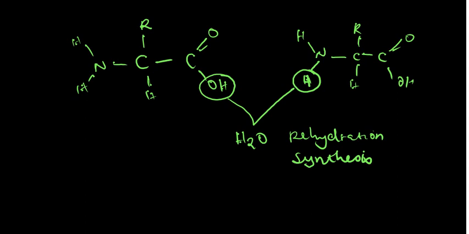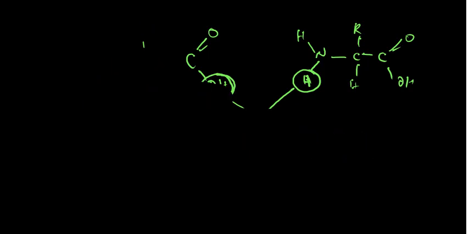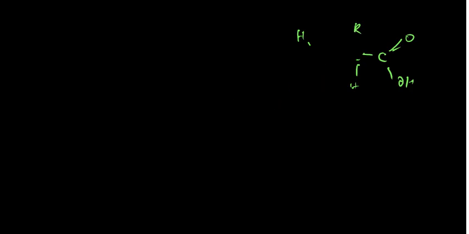Okay, so let me repeat this part. The hydroxide group from the carboxylic group of one amino acid reacts with the hydrogen group on a different amino acid, and hence water is released in the process. Okay, and it's called dehydration, or rather condensation, where water is now being released.